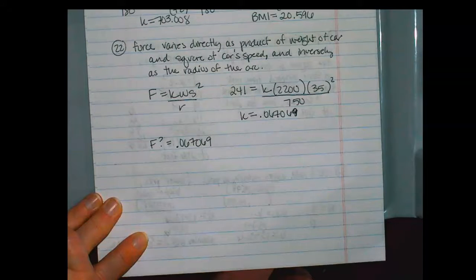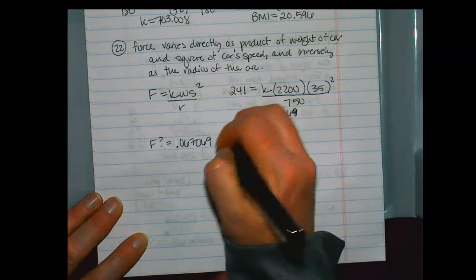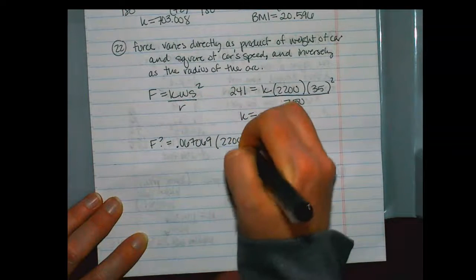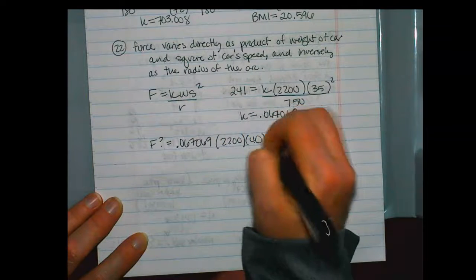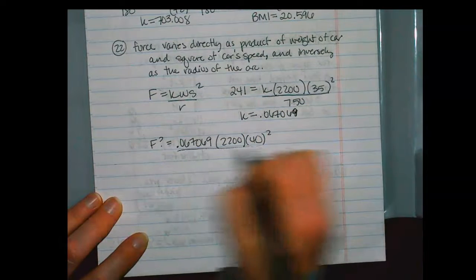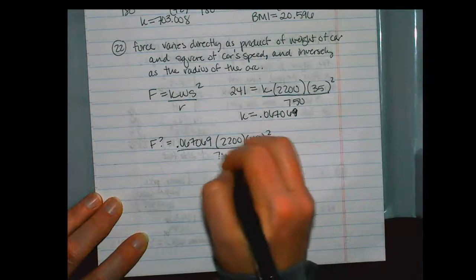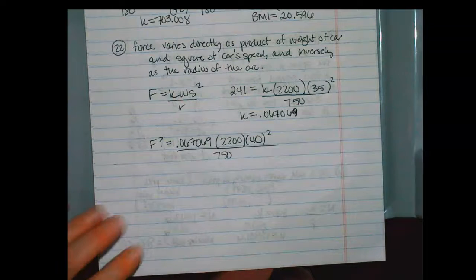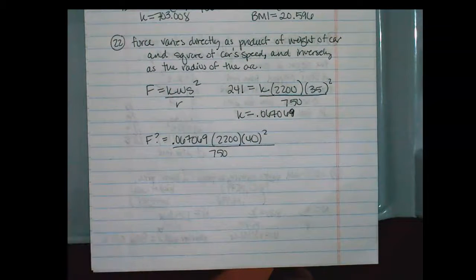How many pounds of force required if the car were to travel at 40 miles per hour? So it's the same car. So it weighs 2,200, but it's going 40 miles per hour squared. And the arc is the same, so it's 750. So some of the information wasn't given explicitly. I had to just know it was the same car. So then I throw all that in the calculator.